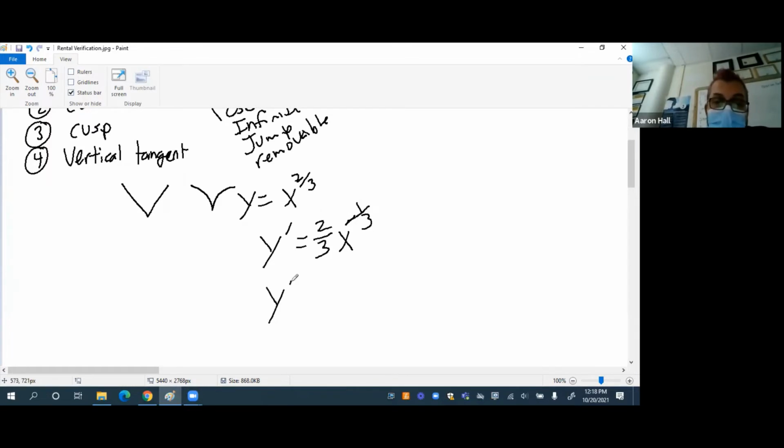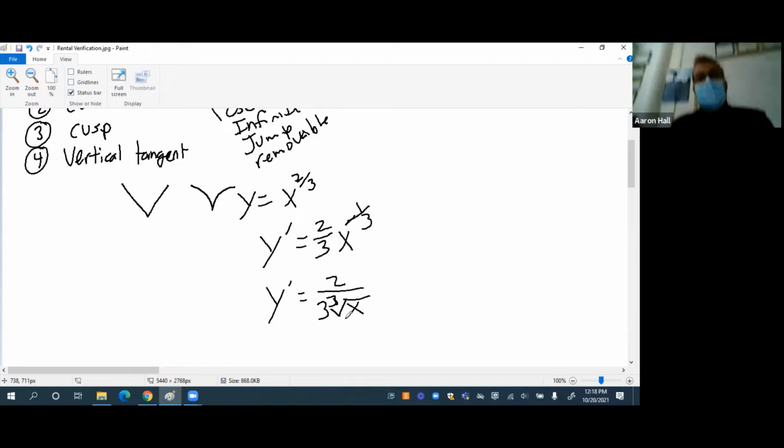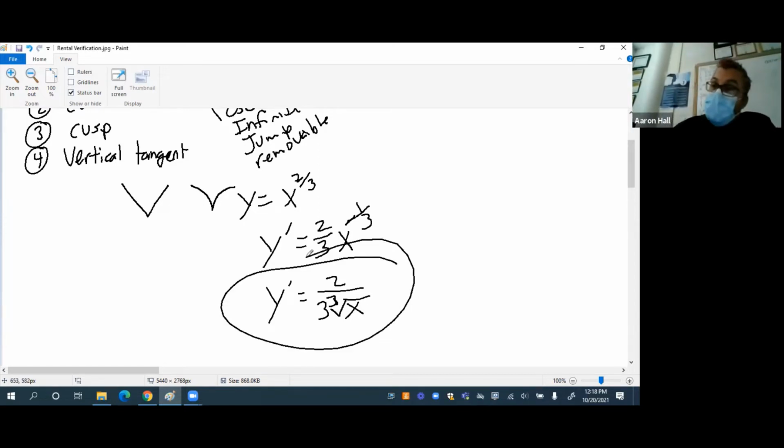So y prime equals 2/3 times, I guess we could even do the cubed root of x, right? Is that the same? Yeah, okay, that's the same. And so what value for x would not be allowed? 0. Yeah, x can't be 0. So algebraically, it makes sense that the graph is not differentiable when x is 0.